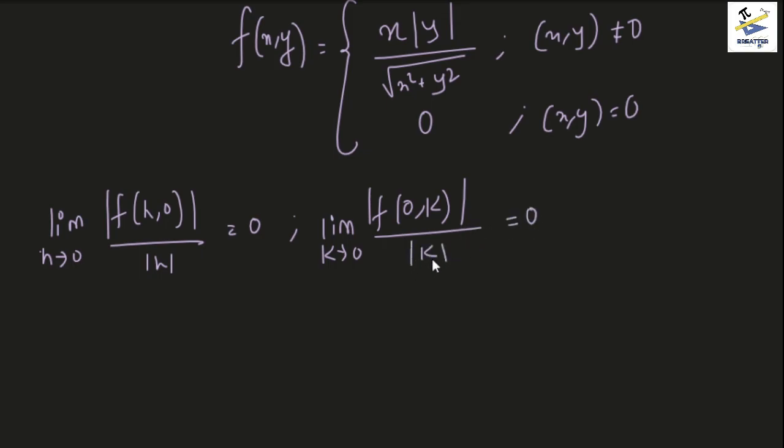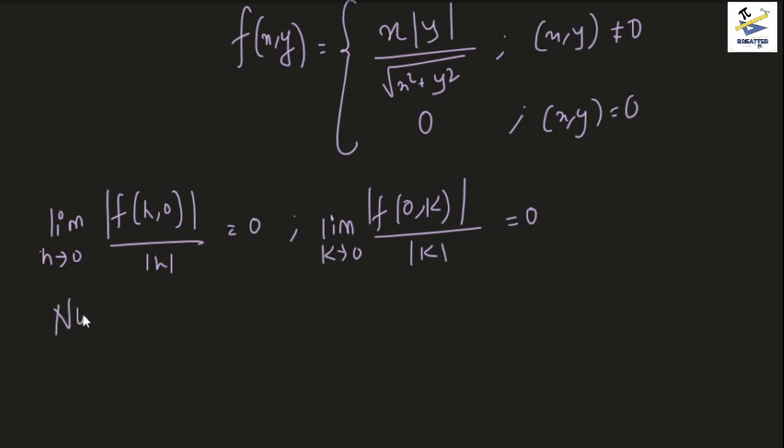So this is why we would consider that. So if the derivative were to exist, it would have been 0.